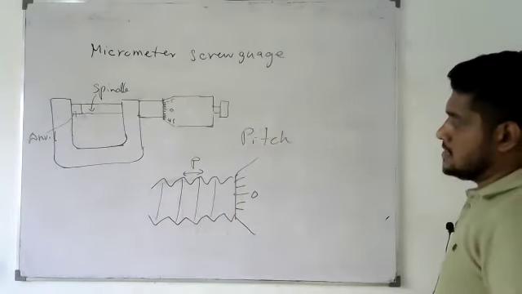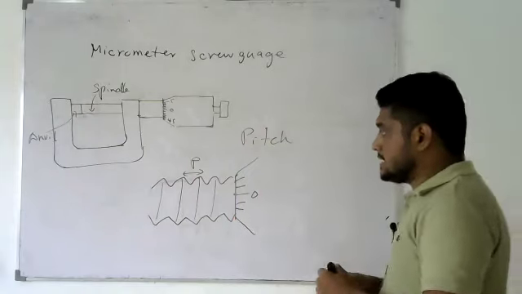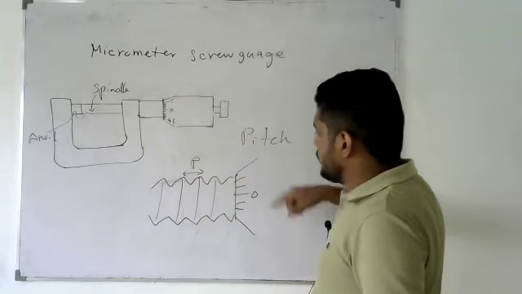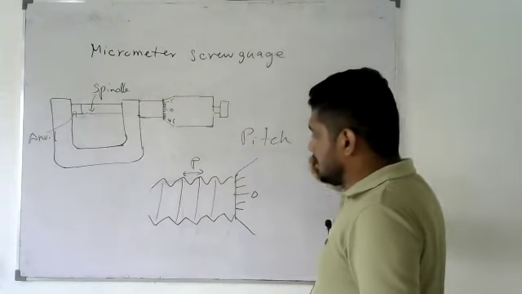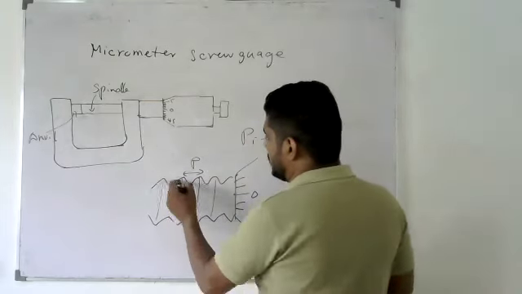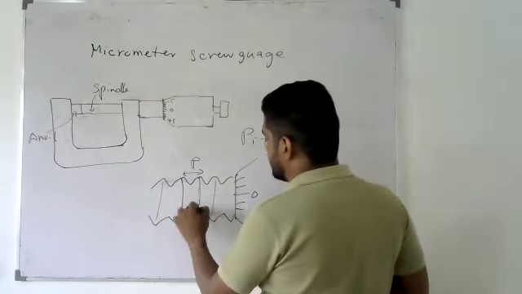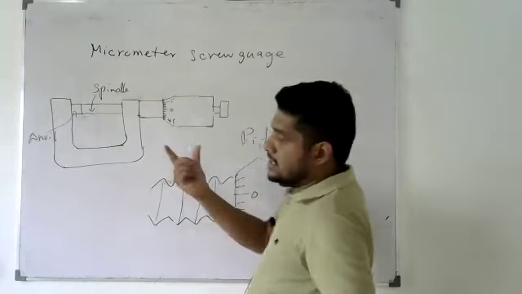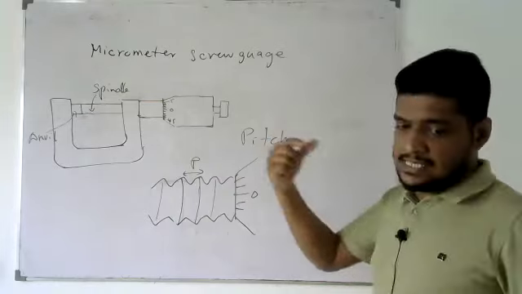When you rotate this one complete rotation, it moves a distance equal to the distance between two threads. වටයක් කරකවනකොට මේ threads දෙකක් අතර තියෙන distance එකක් move වෙනවා.